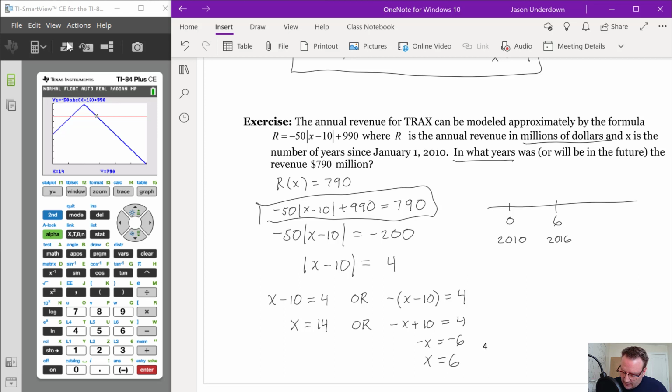And over here, 14 years in the future, 2010 plus 14 will be 2024. So I think our answer should be the year 2016 and the year 2024. So in those 2 years, we'll have revenues of 790 million.